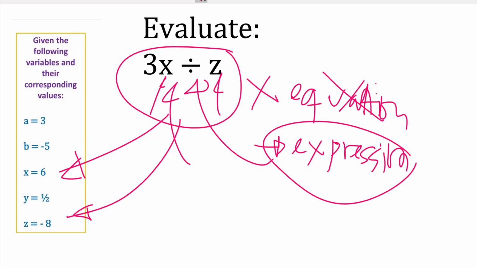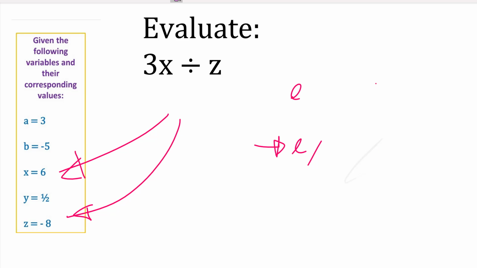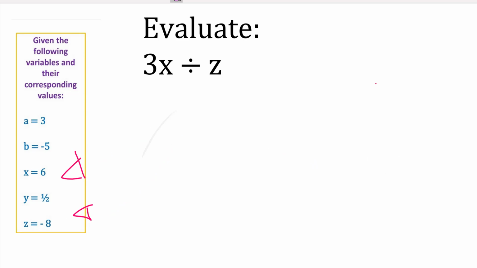We evaluate the entire expression given here and arrive at the value of the expression 3x divided by z, given that x equals 6 and z equals -8. All right, I think it's now clearer, because sometimes people get confused between an expression and an equation. All right, let's proceed.